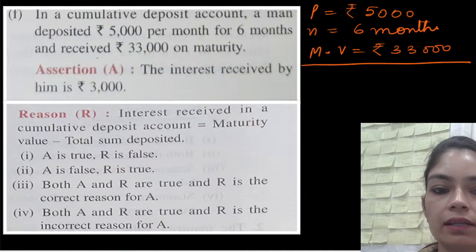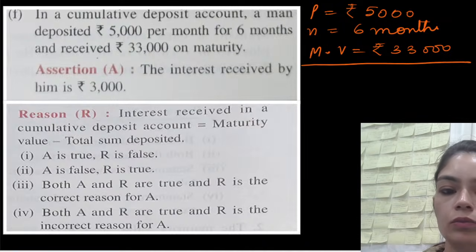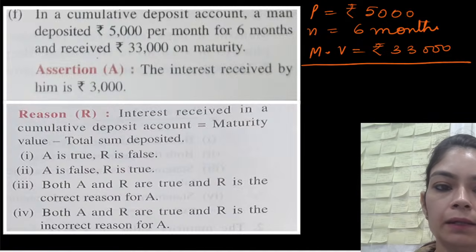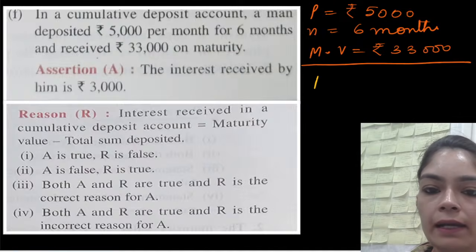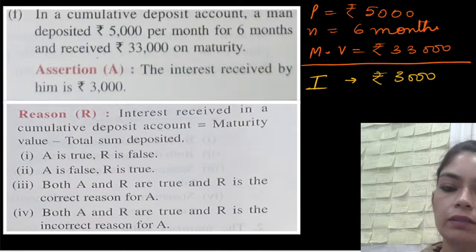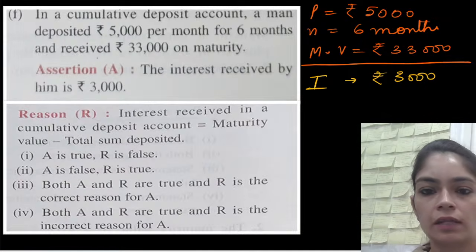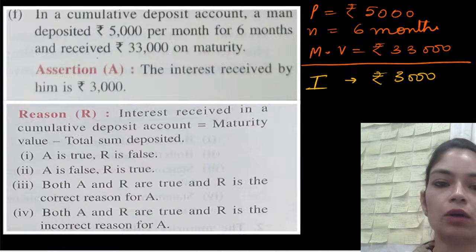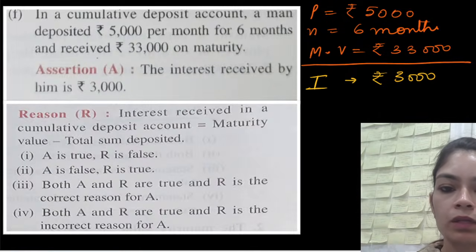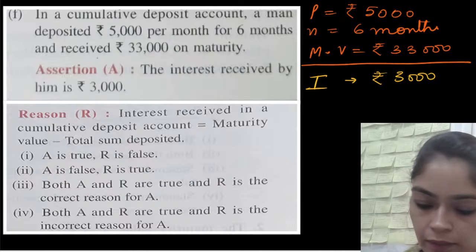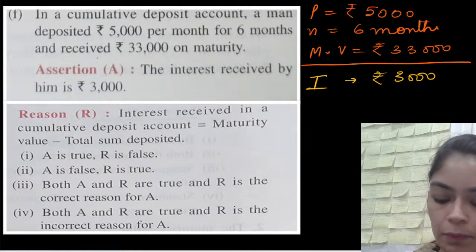Now from assertion and reason we have to see which one is true, or both are true, as per the given options. The first statement, A, is telling that I is equal to 3,000. That interest is 3,000. So is the interest 3,000? How do we find interest? We have done it in previous questions. We have to find the interest and see whether it is 3,000 or not.